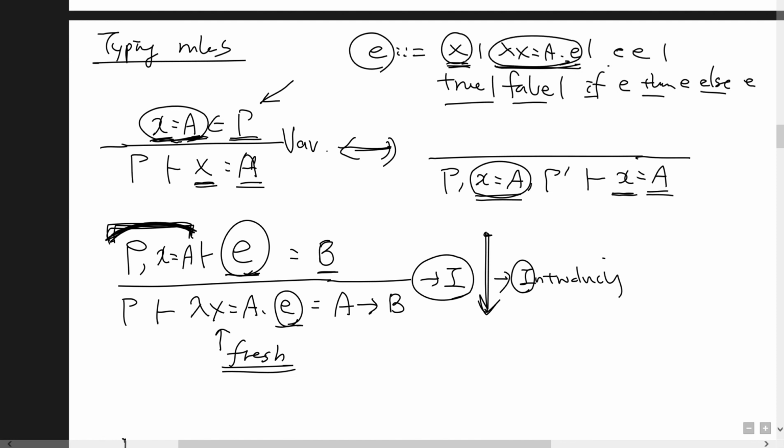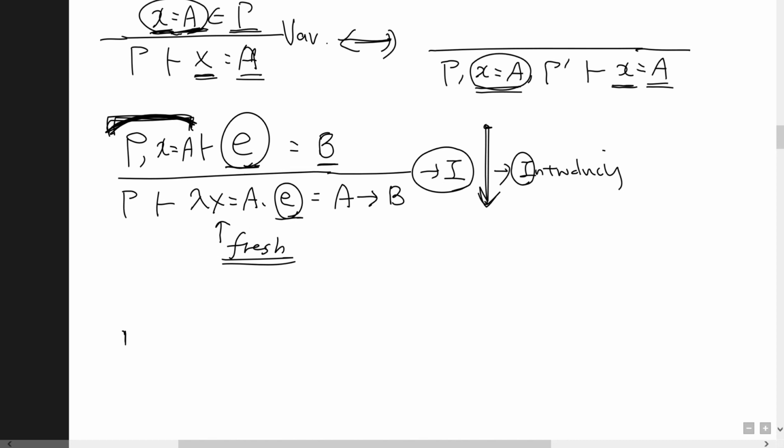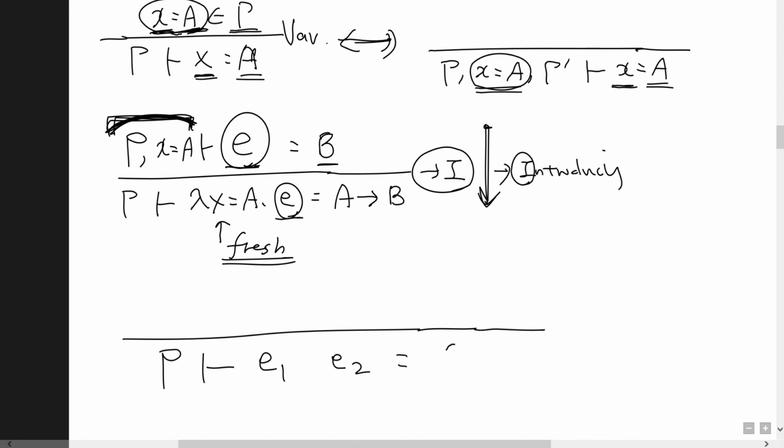Now let's talk about this expression. The question is, under typing context gamma, how can we decide the type of this expression E1 E2? First, we have to type check these two individual expressions. So let's find out the type of expression E1, and let's find out the type of expression E2.